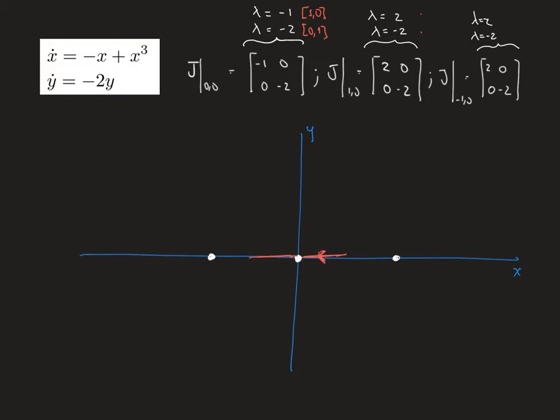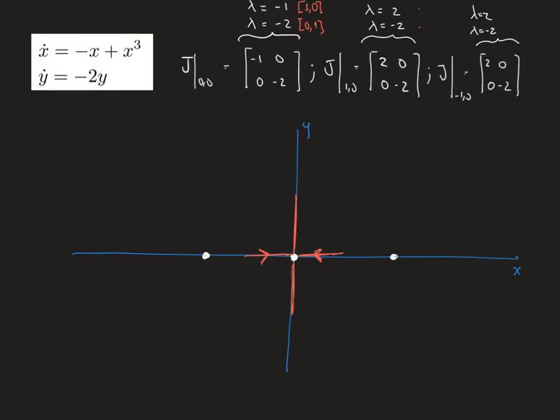Now the second eigendirection is 0, 1, so it is aligned with the y-axis, and it is also related to a negative eigenvalue, minus 2. This perturbation will move faster in the y direction than in the x direction, because the absolute value of this lambda is stronger than this one.